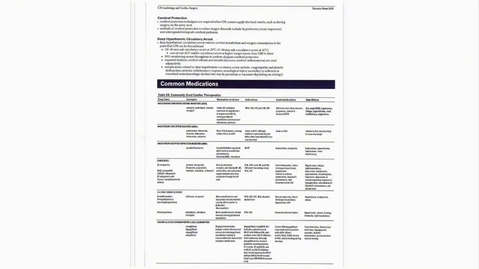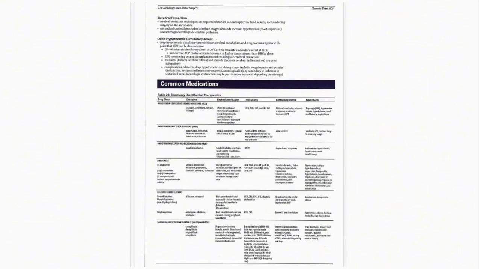To summarize, successful cardiac surgery requires meticulous cerebral protection, especially during aortic arch procedures. Deep hypothermic circulatory arrest, often combined with antegrade cerebral perfusion, allows surgeons to perform complex repairs while minimizing neurological injury.